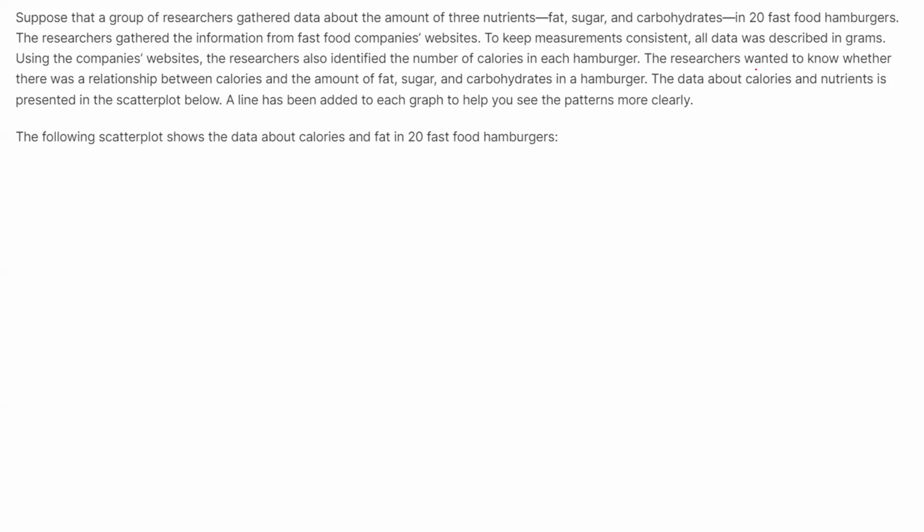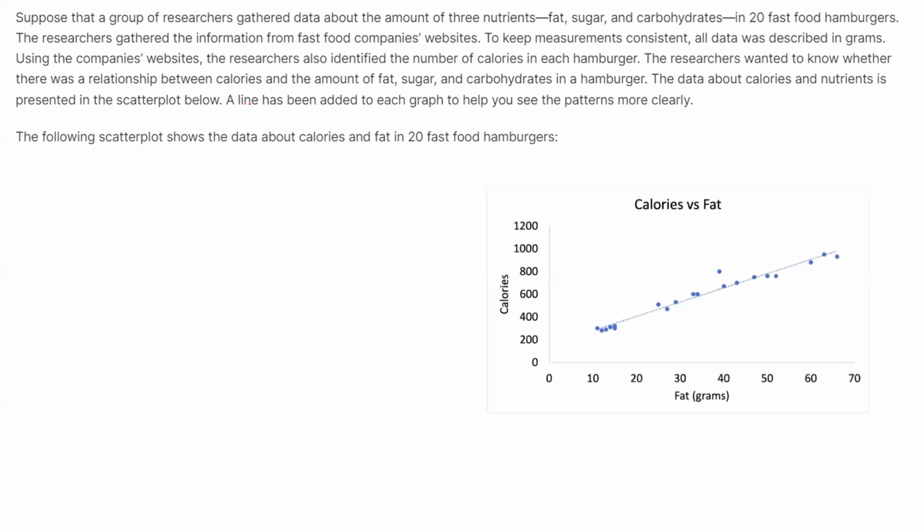Okay, the researchers want to know if there is a linear relation between calories and the amount of fat, sugar, and carbohydrates in a hamburger. The data about the calories and nutrients is represented in a scatter plot below.